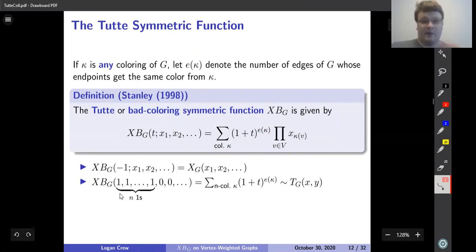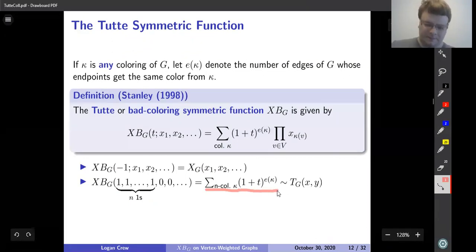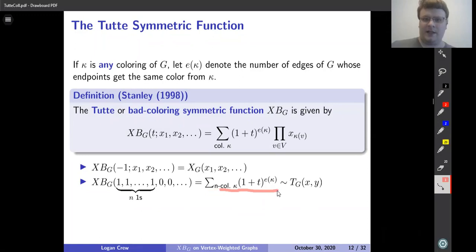And if you do the same trick as with xg and you plug in this xb with n 1s, the sum you end up getting is a sum over all not necessarily proper n-colorings of 1 plus t to the number of monochromatic edges, and it is known that this carries the same information as the Tutte polynomial, and there is in fact a substitution of variables that takes t and n to x and y, and vice versa. I'm not going to go into that right now because it's not a particularly pretty formula, nor is it insightful, but this is that alternate formulation of the Tutte polynomial we use to create this symmetric function.